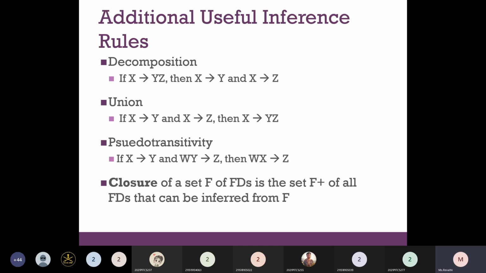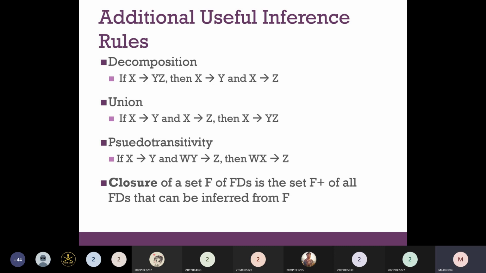The next is pseudo-transitivity. Pseudo-transitivity means there exists a dependency X determines Y as well as WY determines Z. In that case we can use WX to determine the value of Z, aligning with the transitivity rule. So this is pseudo-transitivity.